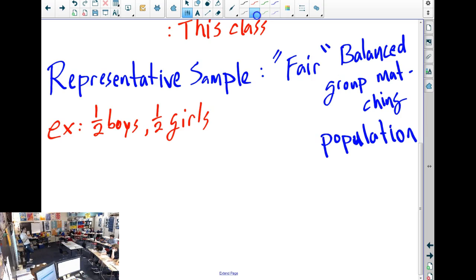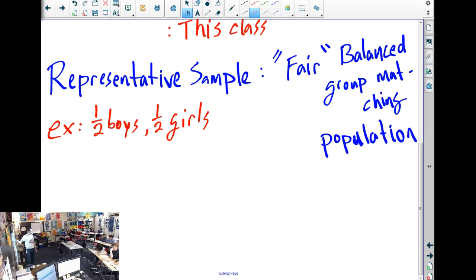Does that make sense? So, look around this room. Do you think this class would be a representative sample of Phoenix students? No. What are we automatically missing? 8th graders. I don't need the whole school for a sample, but I do need it to be representative.